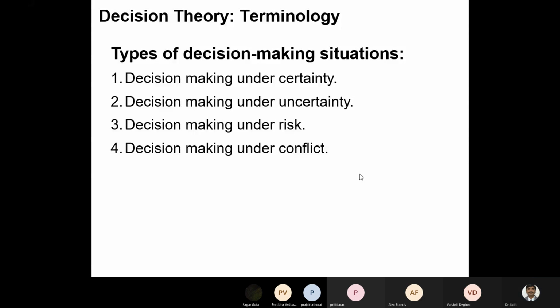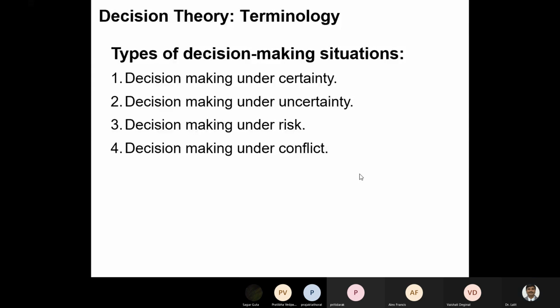But in some situations, two or more parties are involved in a conflicting situation. For example, if a manager has decided to offer some discount on their product, by introducing the discount offer, he is aiming to generate more footfall or more sales.